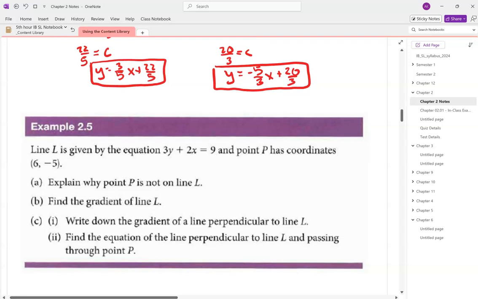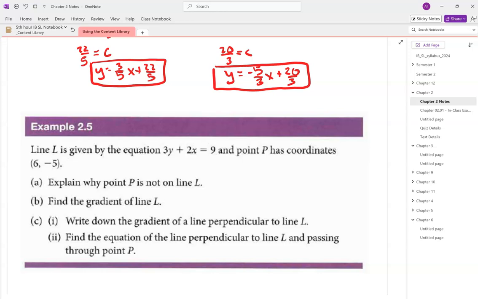Next example, it says line L is given by the equation 3y + 2x = 9. Notice that's the general form equation for a line. And point P has the coordinates (6, -5). Explain why point P is not on the line L. What's going to be the easiest way to show that this point is not on L?